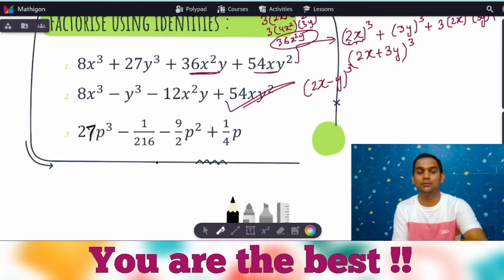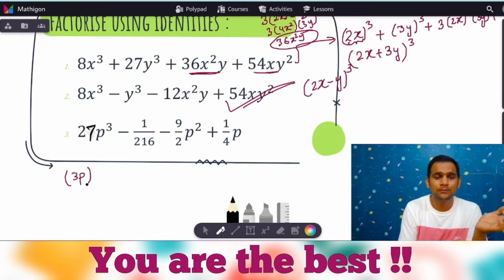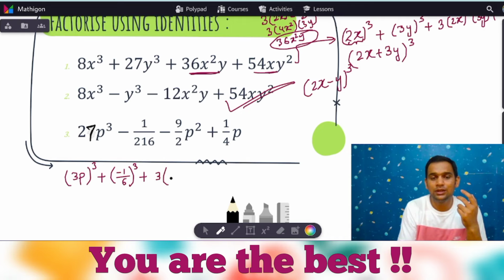Now, this question is a little bit unique, but we will discuss this. 27p cubed, so 3p to the whole cubed. We have minus. So what will that be? Can I write it as minus 1 by 216? So 6 cube, 6 to the whole cube. So this becomes plus 3 times minus 1 by 6 times 3p.